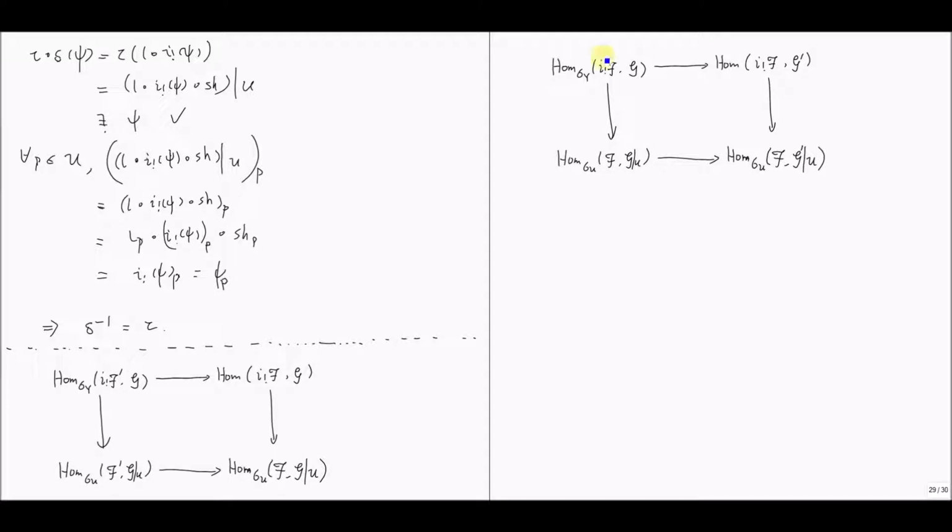Suppose we take psi from here, and we want to show that applying these two arrows to psi and applying these two arrows to psi give the same result. Let g be a morphism from the restriction of G to U to the restriction of G prime to U. And we name all four arrows in here.